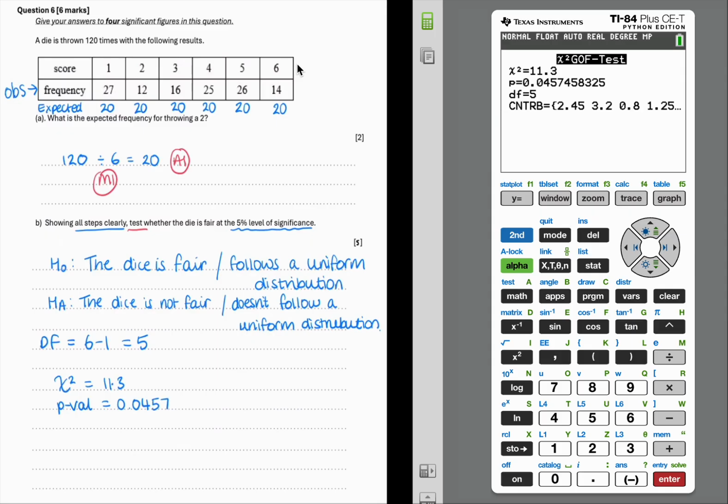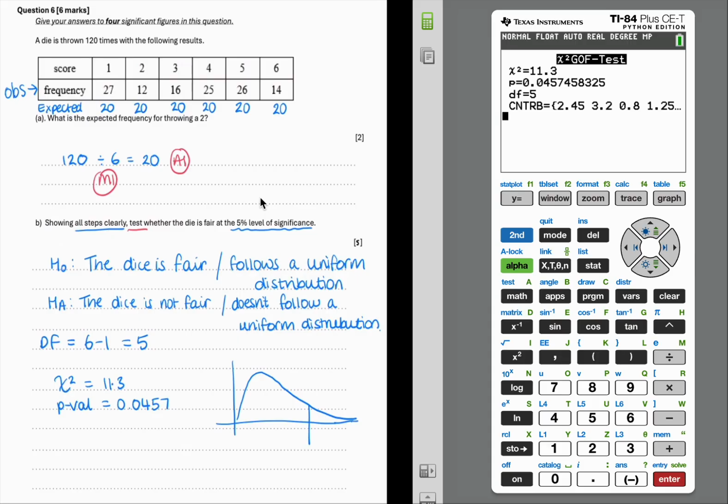So they're my values, and I was testing it at a 5% significance level. If we draw a diagram of what we've found here, this is my chi-squared distribution.